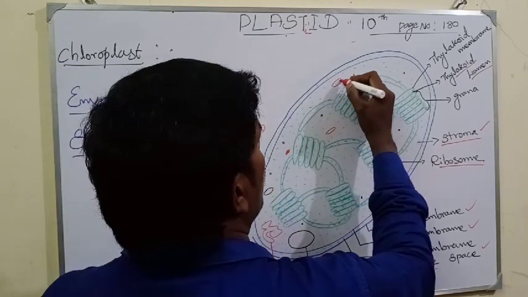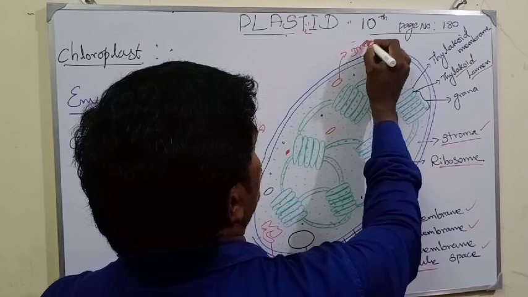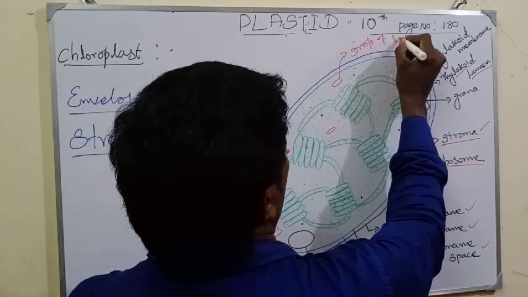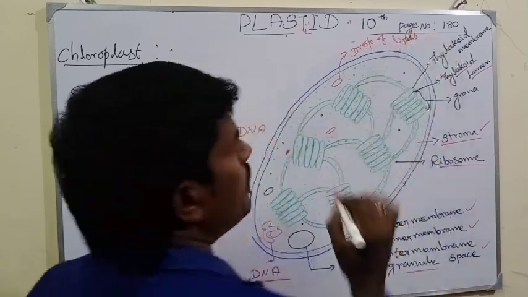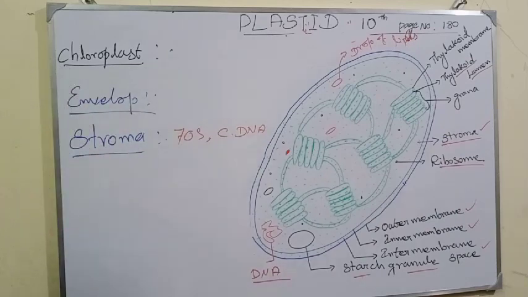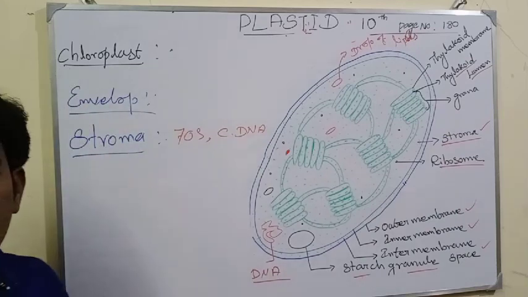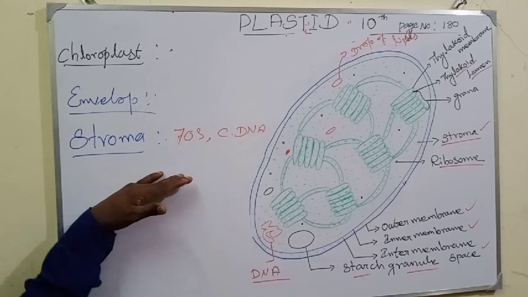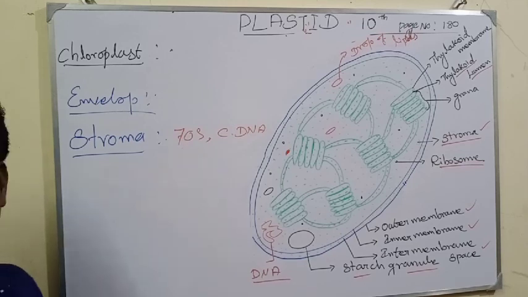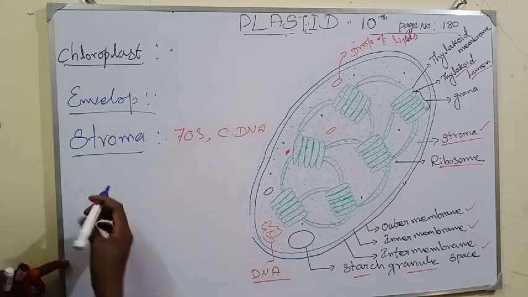This is the drop of lipids. These all are present in the stroma. And the ribosome's main responsibility is protein synthesis. Protein synthesis. And the next one, thylakoid.